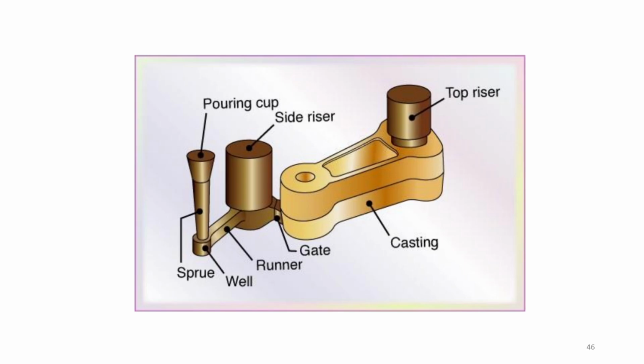Next you have gating system. Your gating system is combined with how you are pouring your material into the cavity. All these elements such as pouring cup, pouring basin, sprue, choke, well, runner, side riser, blind riser, top riser, ingates, all will be combined in the gating system.